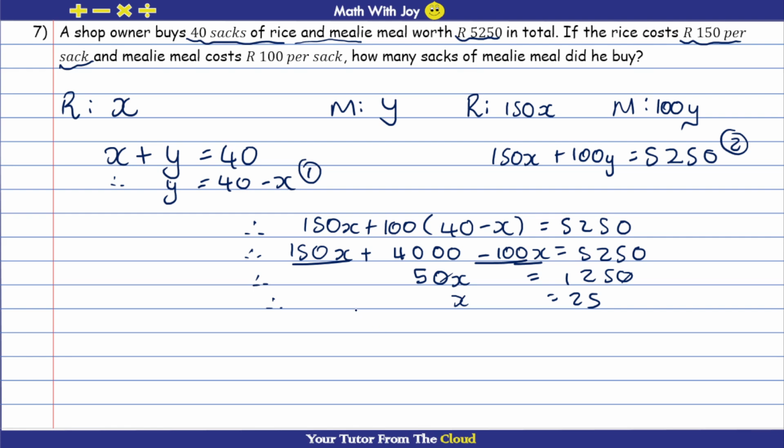Right, so that's 25 sacks of rice, while there is going to be 40 minus 25, and that's going to give us 15. So we tell them for the rice, there are 25 sacks, and for the mealie meal, there are 15 sacks.